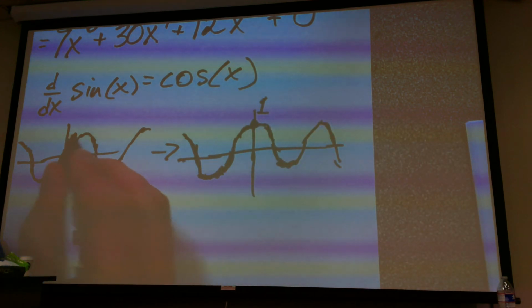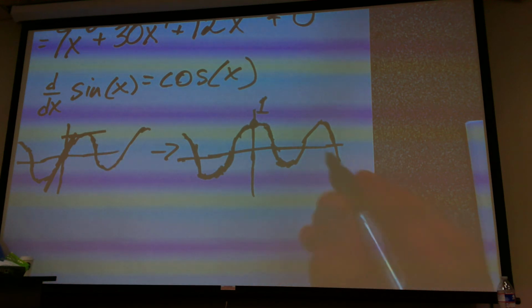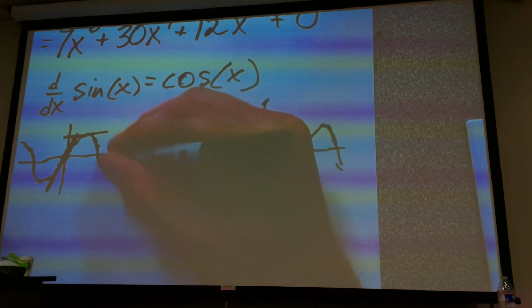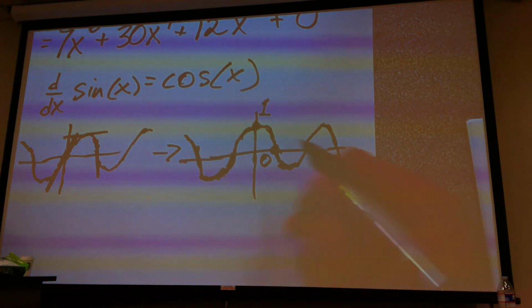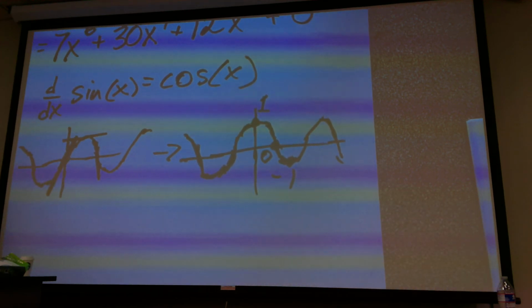Okay? Now, if I consider this tangent line right here, what is its slope? 0. Okay? Now, if I consider this tangent line right here, that would have negative slope. That would be down here at negative 1.